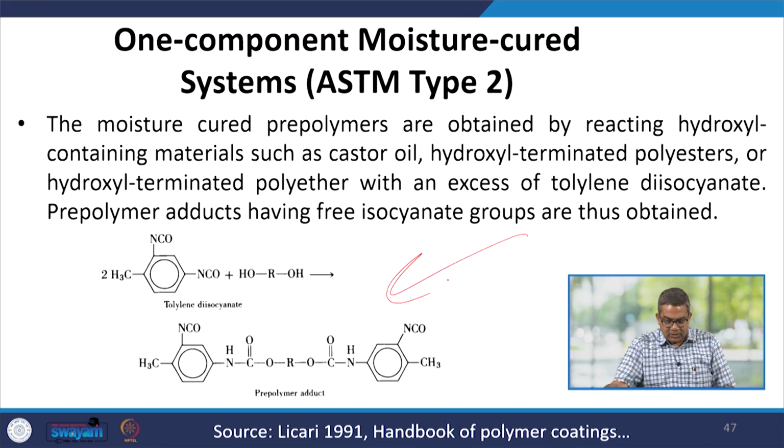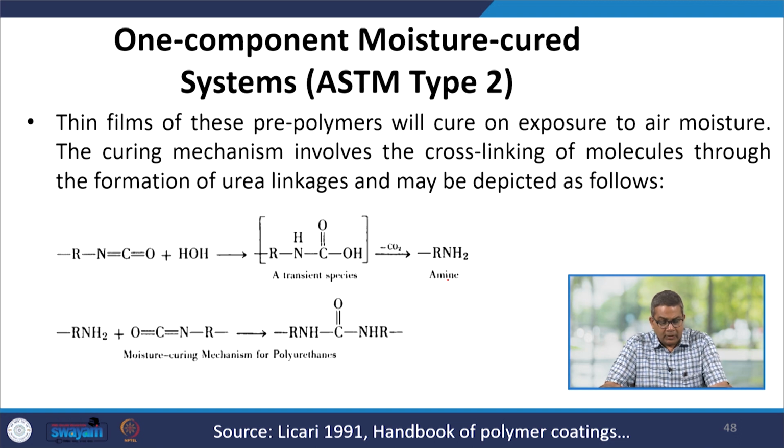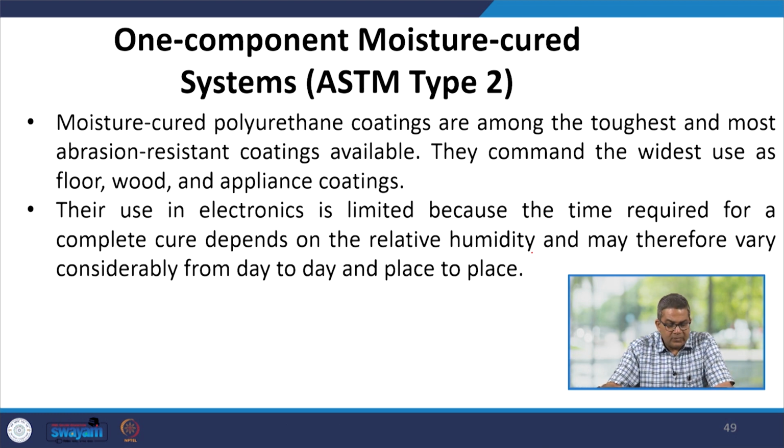You can see this in this particular formula. Now, a thin film of these pre-polymers will then cure on exposure to air moisture. Atmospheric air contains a sizable amount of moisture, and the curing mechanism involves the cross-linking of molecules through the formation of the urea linkage, and it may be represented like this.